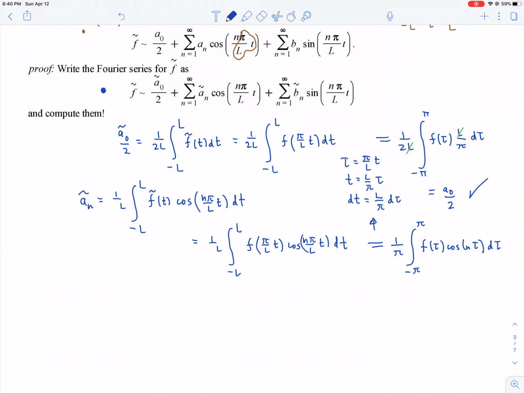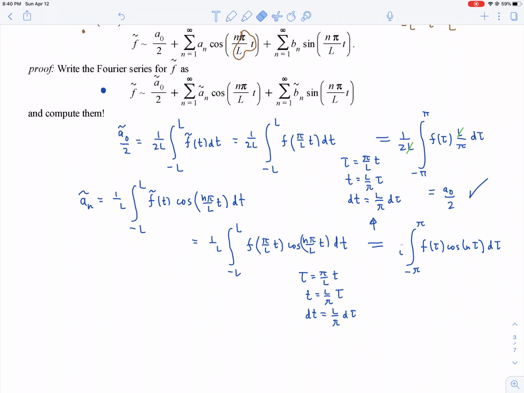It's the same, but the integrands are different, so let's just look at it for a second. Tau was pi over L t, t was L over pi tau, dt was L over pi d tau.